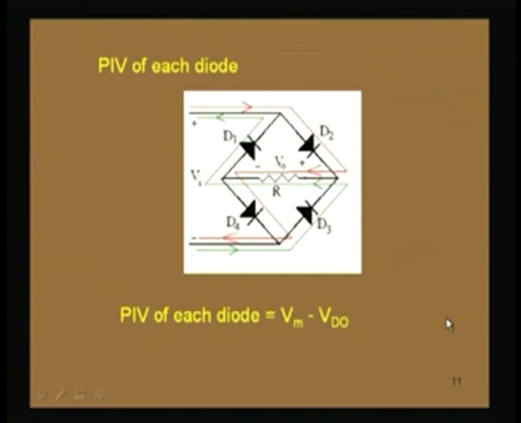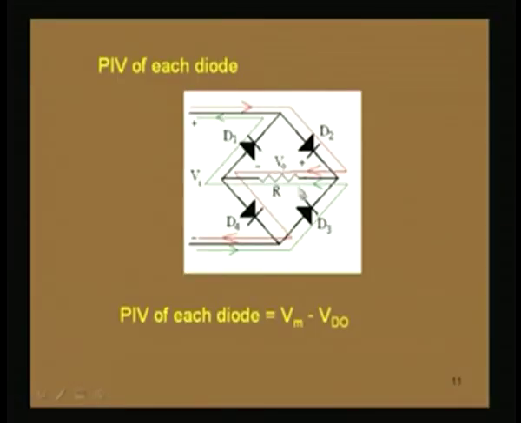Now, again, if we find out the PIV of each of the diodes in this full wave rectifier, the peak inverse voltage of each diode, you can find it out when the diode is non-conducting. If I consider one diode when it is non-conducting, the maximum voltage across it is the peak inverse voltage.